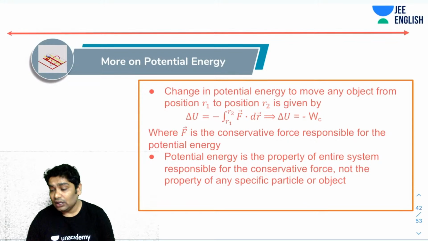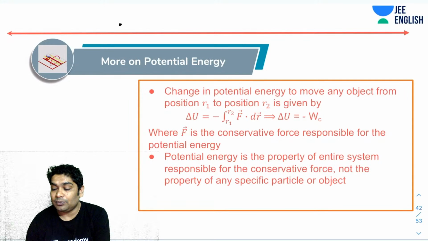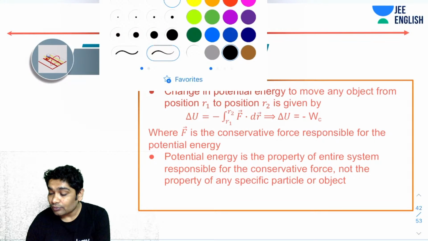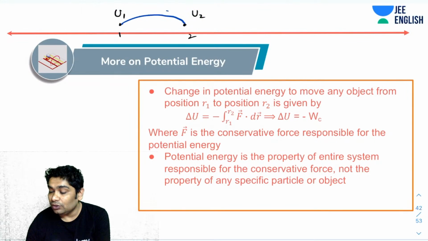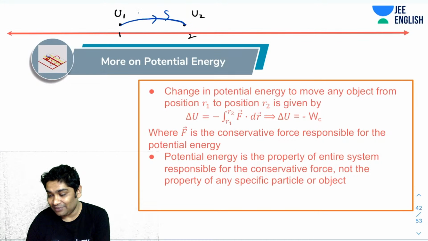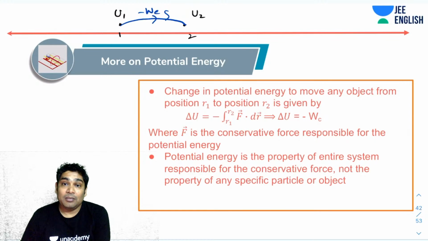So if at position 1 the potential energy was U1, and at position 2 the potential energy was U2, then if in going from 1 to 2 the work done by a conservative force was, let's say, minus W, I'm saying it did a negative work.